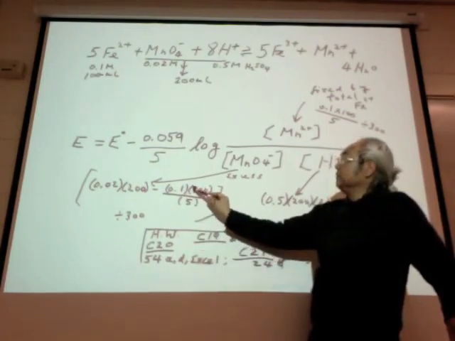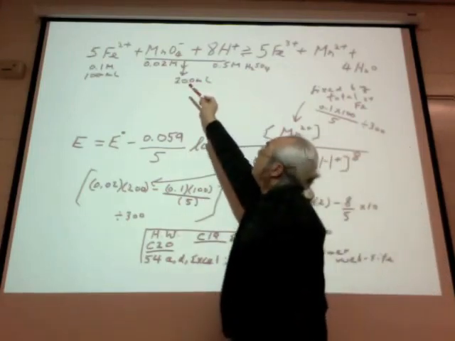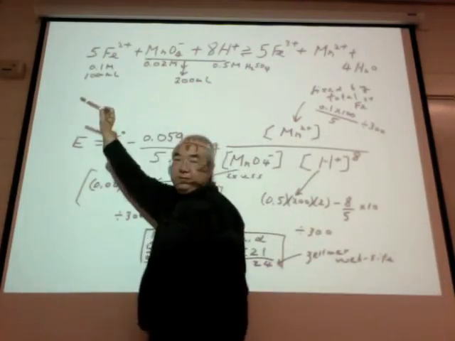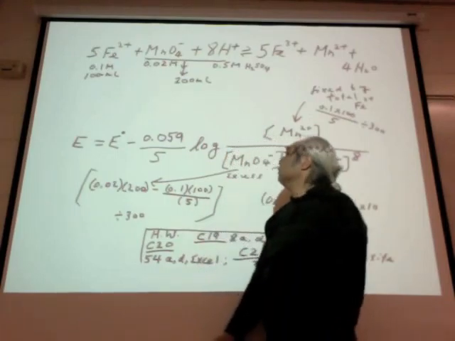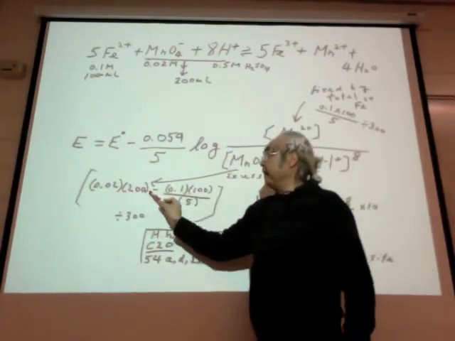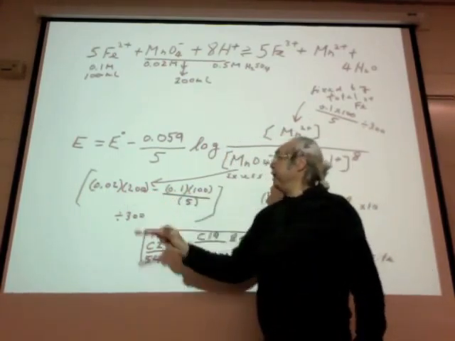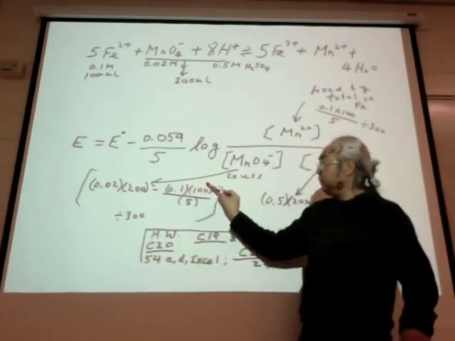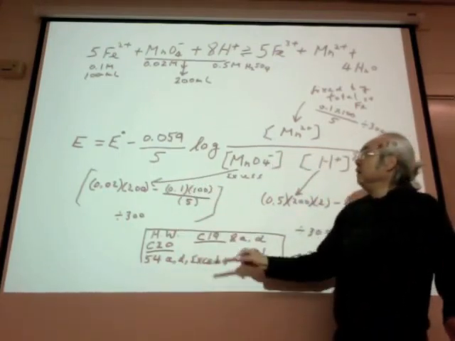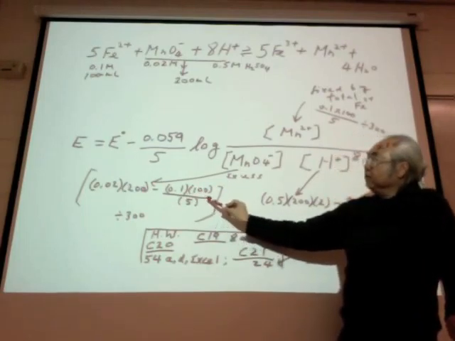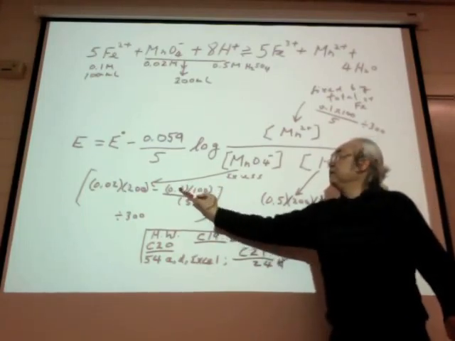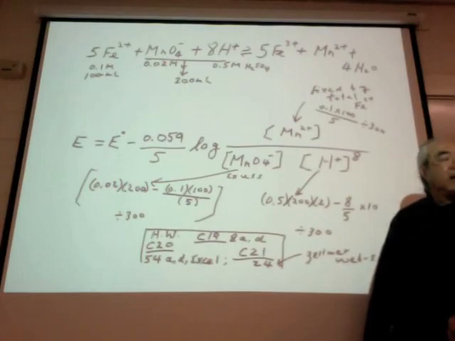Then the 1 to 5 ratio. We are talking about the permanganate here, how much is left for permanganate. This is the reacted quantity for permanganate, equal to 1/5 of the Fe2+ total.